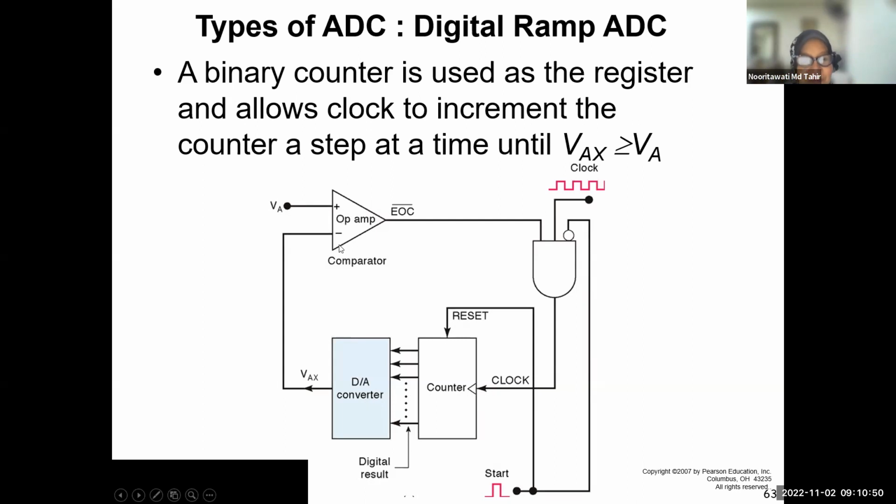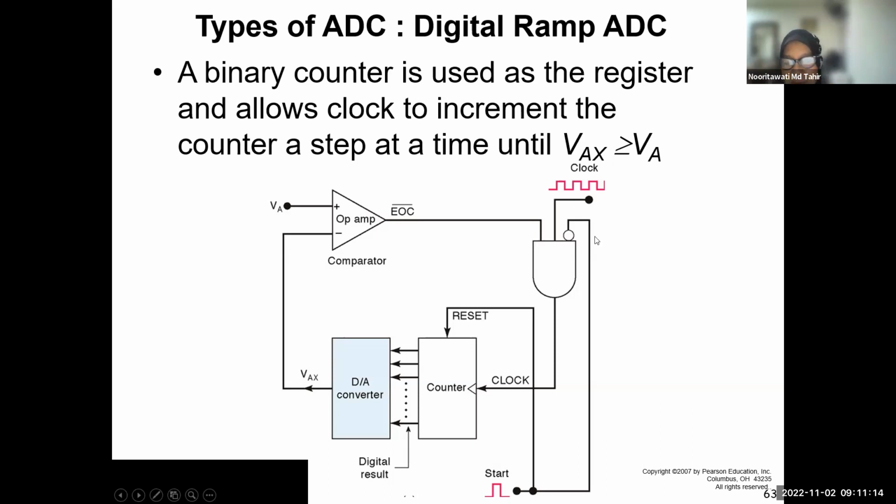Why? Because 5 and 5 dia dah sama. Okay, bila sama di sini, dan dia akan compare di sini end of conversion because dah sama. Di syarat comparator ni, bila V analog is greater or equals to VAX, end of conversion, stop.